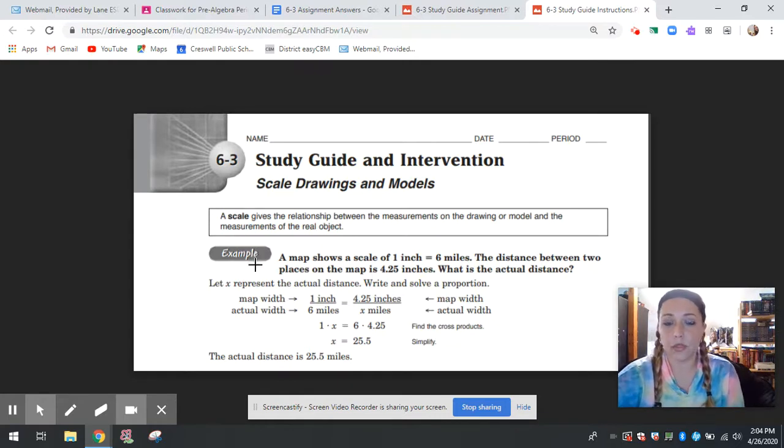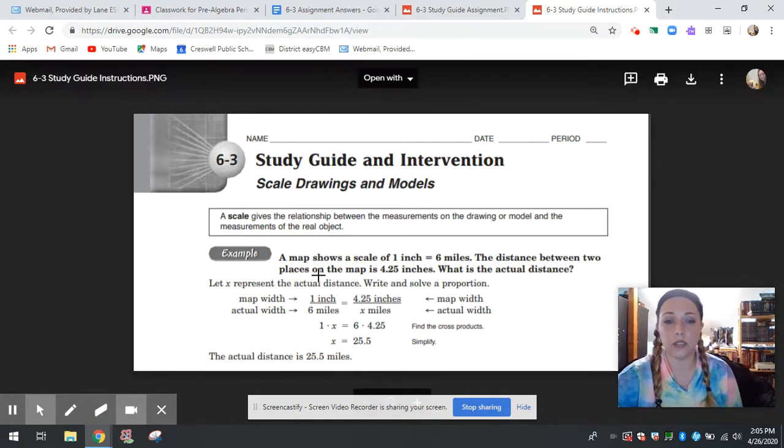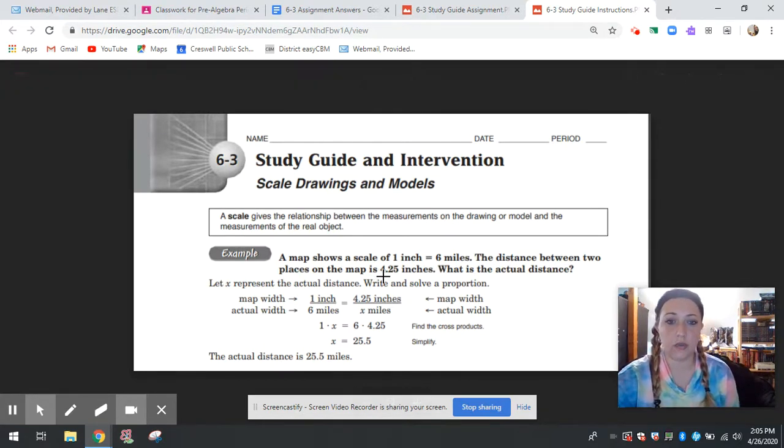A map shows a scale of 1 inch is equal to 6 miles. So if a map shows that it's 1 inch from the store to where you're camping, in real life that would be actually 6 miles that you're traveling from where you're camping to get to the store. The distance between 2 places on the map is 4.25 inches.